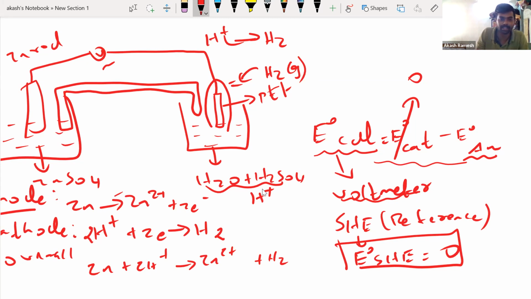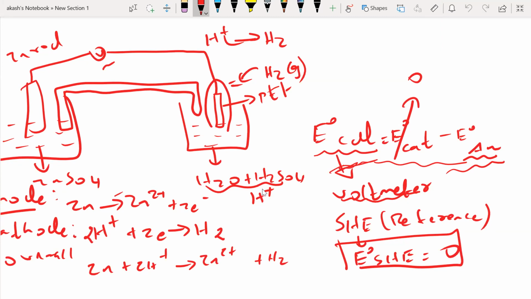The cathode here is your SHE, and that value is 0. So whatever the voltmeter reading shown to you will be the reduction potential for the zinc. So we have found the individual reduction potential for zinc with the help of the standard hydrogen electrode.